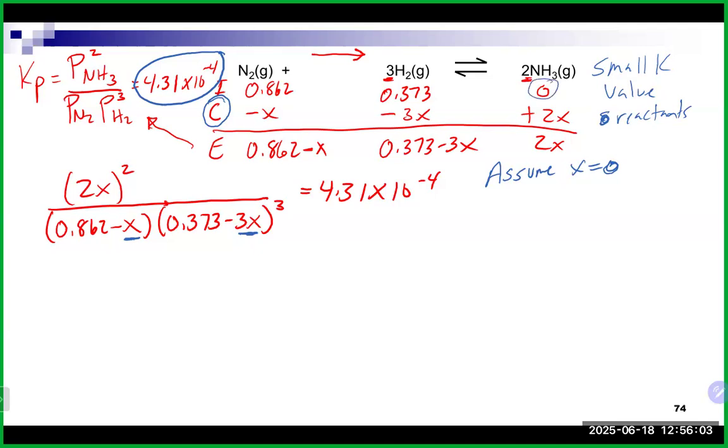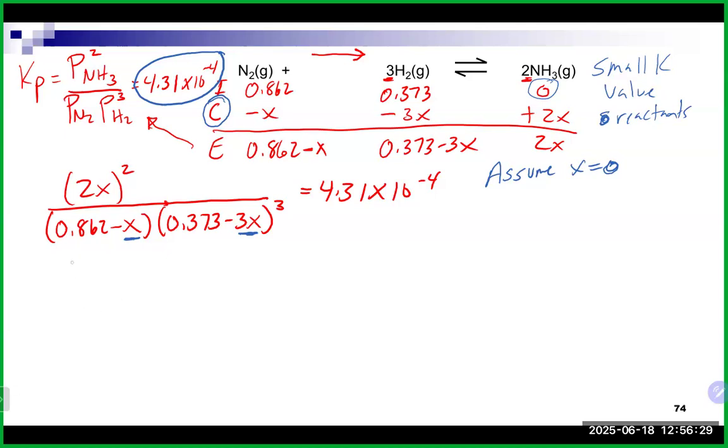The reason for that is if you started at 0 and you got anything, that is pretty significant, right? Because you had nothing to start with. So even if you got a really small amount of something, it's significant from where you started. The other ones already had something in terms of pressure in this case. So we could get rid of the excess there because it's not going to make a big difference in where they end up. But definitely if you started at 0, anything you get is significant.